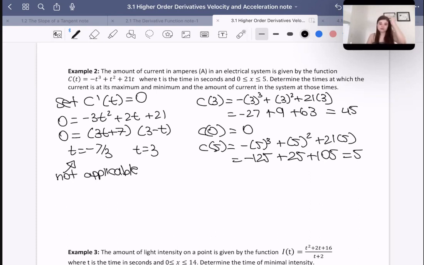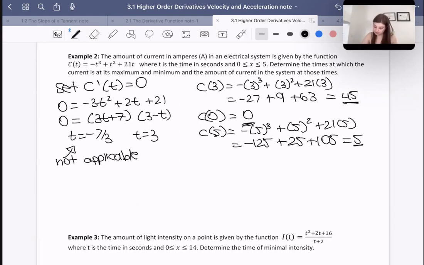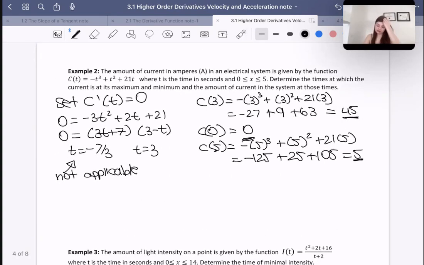Okay, so what can we conclude from this? We can conclude that the maximum must be the 45, because 45 is the biggest number out of all 3 of these, right? So therefore, the max current was 45 amperes.